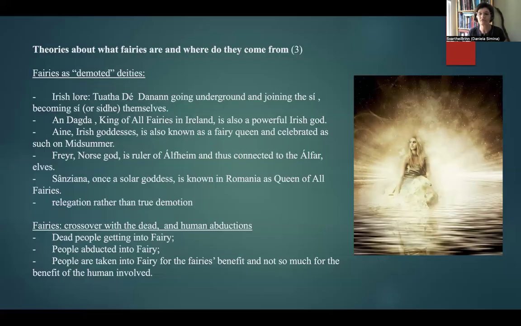There are more resources at the end of this presentation, a whole list that I would suggest you consult to learn more in depth, from people who have gotten deep into the study of Irish mythology and the Irish fairies in particular.